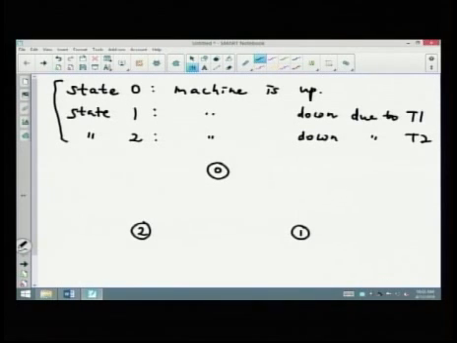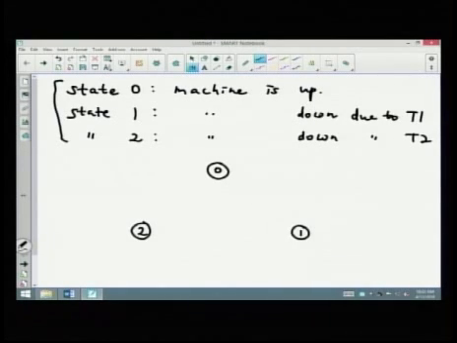So lambda is the failure rate. Its failure is either of two types. If it is type 1 failure, the time to repair the machine is exponentially distributed with rate mu1. If it's type 2 failure, then the repair rate would be mu2.